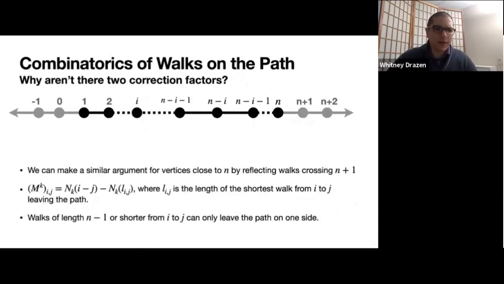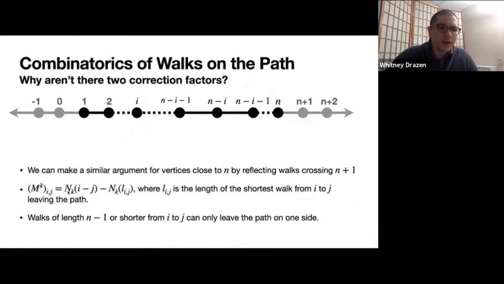Okay, so we can make a similar argument for our vertices close to n. And so now we have a correction factor for walks.